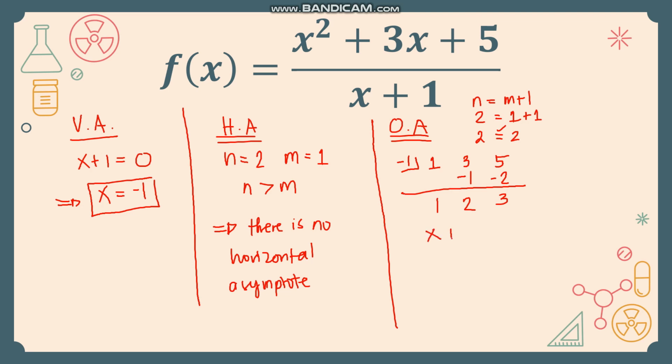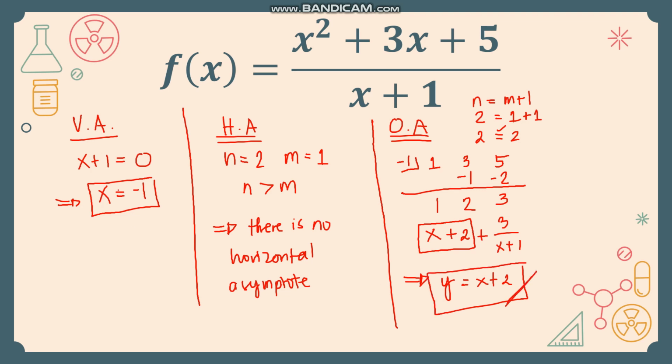So x plus 2 plus 3 over x plus 1. Again, please recall how to do synthetic division so that you can identify the oblique asymptote. And then again, we're just getting the quotient. We don't need the remainder. Thus, the oblique asymptote of this given function is y equals x plus 2.